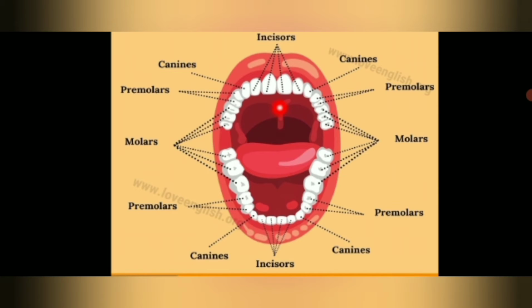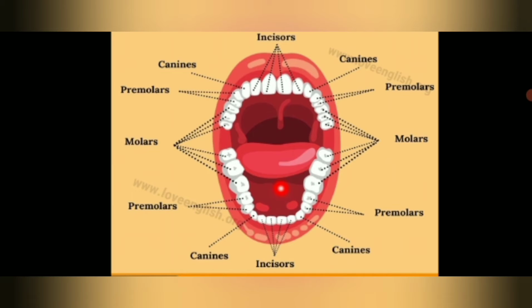These 4 teeth in both the upper and lower jaws are all the same in shape and have a sharp edge. They work like scissors and their function is to bite and cut the food into smaller pieces. Hence they are called incisors. So these 4 teeth in the upper jaw and 4 in the lower jaw are called incisors. So 4 plus 4, 8.